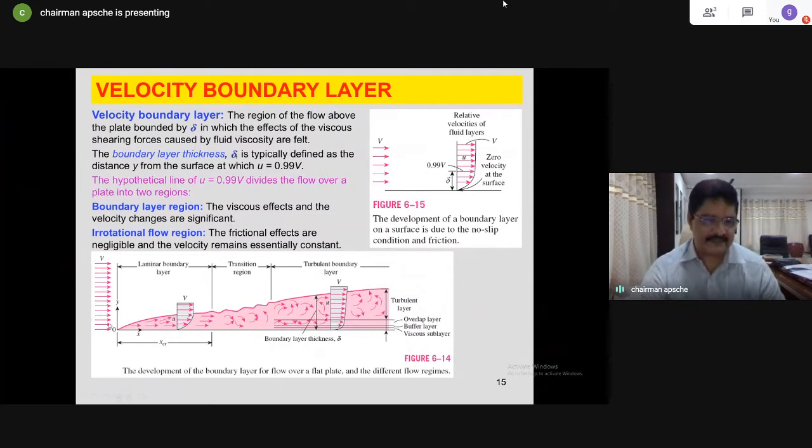So initially, for a certain distance of the fluid flow, the fluid flow appears to be laminar within the boundary layer, and for a certain other distance after that, as the x increases, the fluid flow for the first time appears to be changing from laminar to turbulent. We call it critical Reynolds number, and the distance we call it as critical distance.